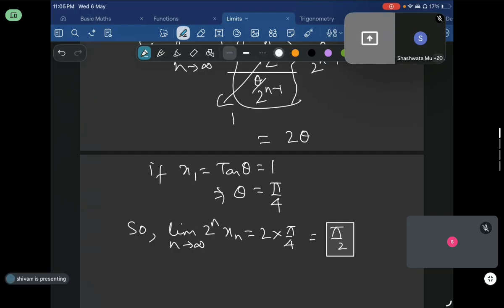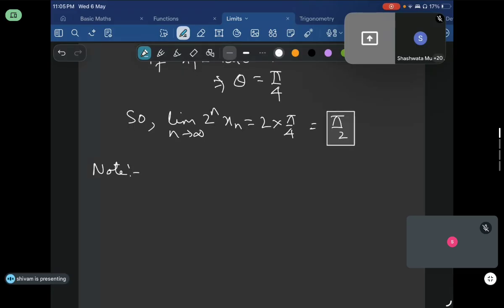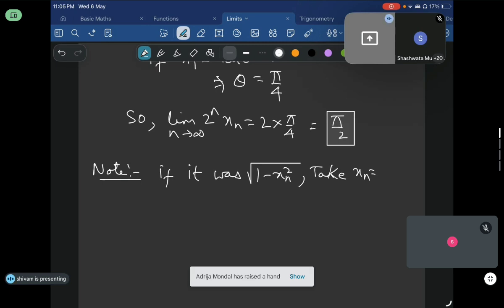Okay, so note it down, everyone. If it was root over 1 minus xn square, then what should we have taken? Take xn is equal to... Yes, Adija, tell me what we should have taken. Sir, sine theta or cos theta? Sine theta or cos theta, correct.